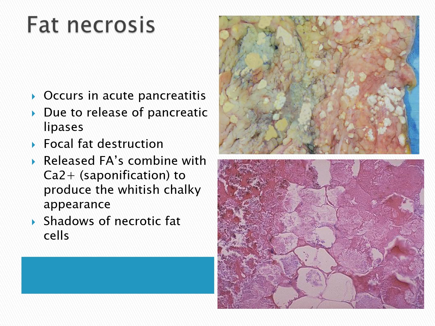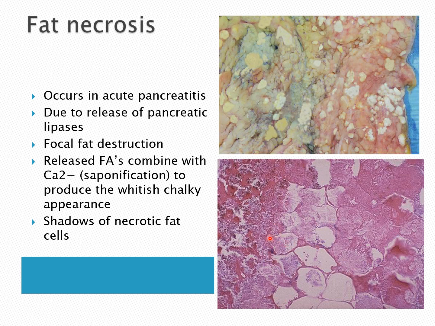These fatty acids, when they are released, can bind to calcium. They attract calcium, leading to the appearance of these calcified whitish foci. Here, they look like chalky material, and they help the surgeon and the pathologist to identify the fat necrosis. This is called saponification: when the calcium is attached to the fatty acids, it is called saponification.